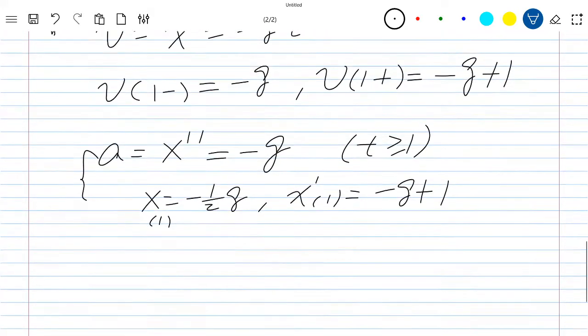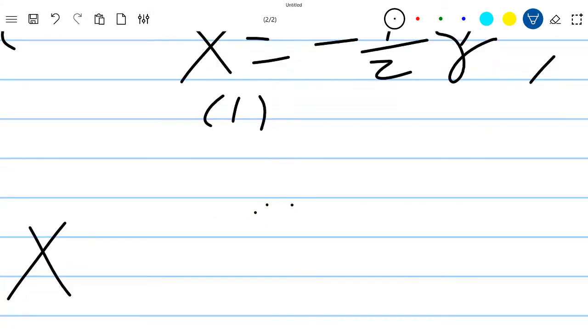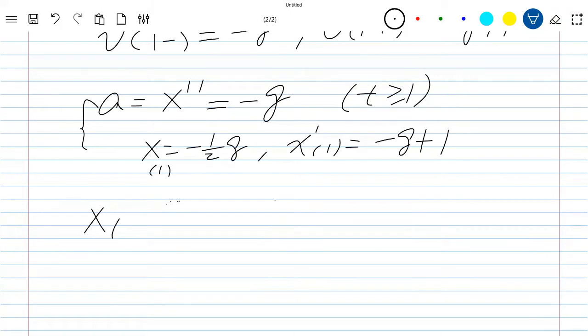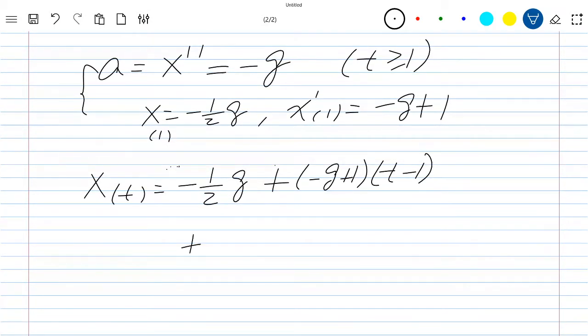Alright, so you will have x of t equals the starting position plus your initial velocity times the change in time, then plus negative g times 1/2, then t minus 1 squared.